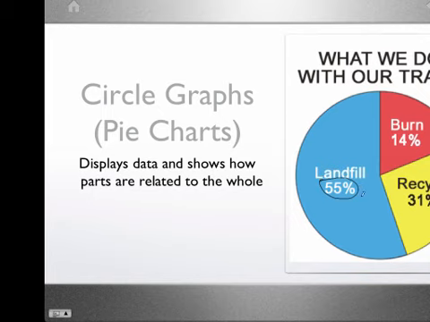But it's related to how much of our trash we recycle and also how much of our trash we burn. So again, think about the fact that all of these sections touch, very similar to a histogram, which means that all of them are related to each other.